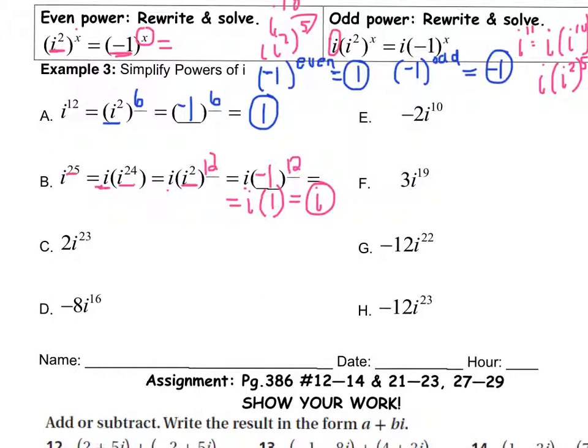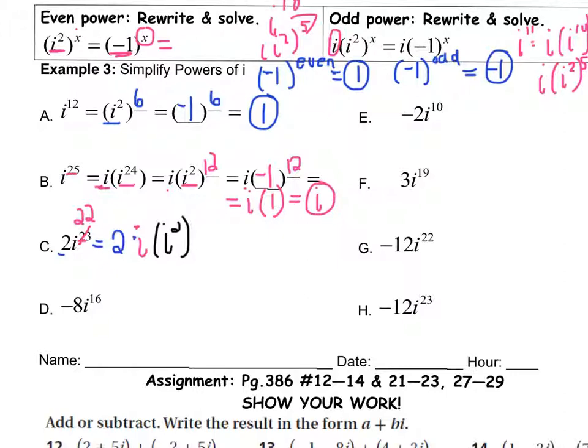Let's try C. When we have a number out front, we're just going to recopy it and save it until the end. I do notice that 23 is odd, so we need to pull out one of the i's, and when we do that, instead of working with 23, we'll be working with 22. So we figure out i squared to what power equals 22?